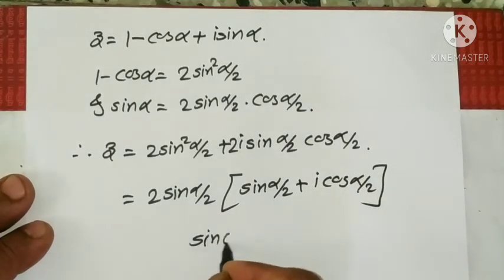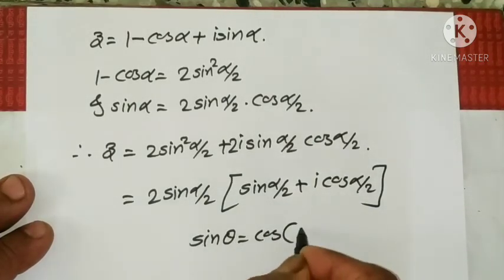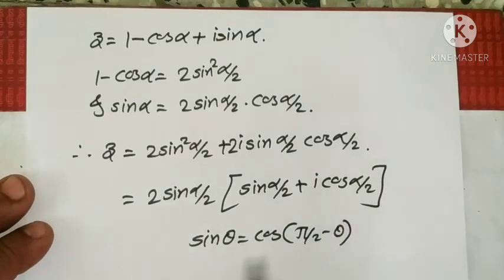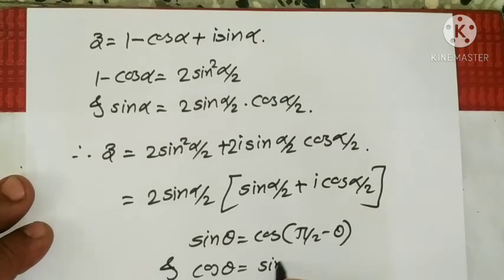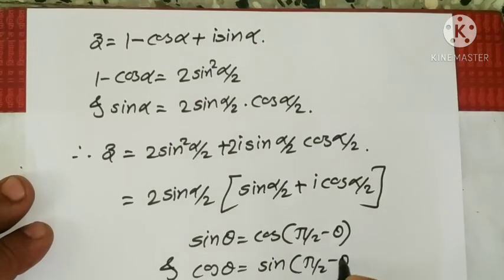Sin theta is equal to cos of pi by 2 minus theta, and cos theta is equal to sin of pi by 2 minus theta.